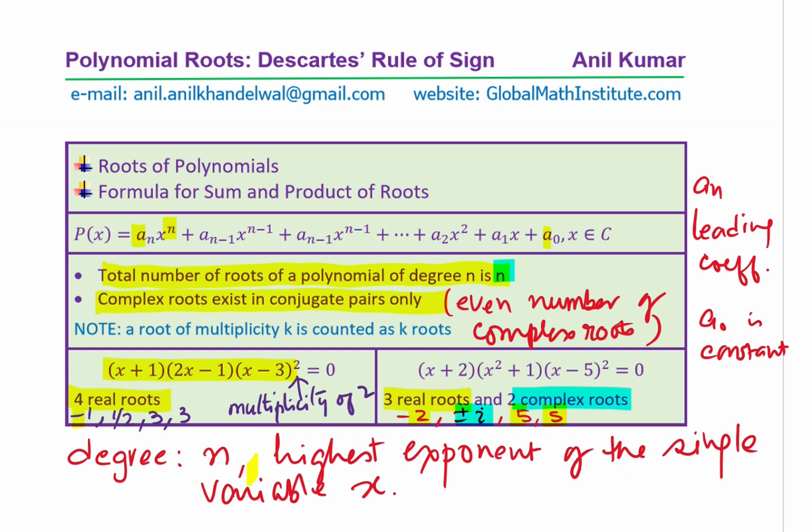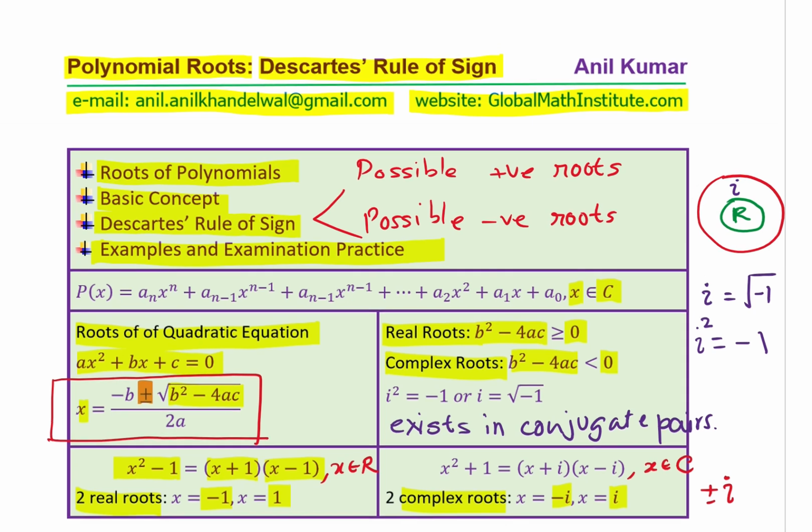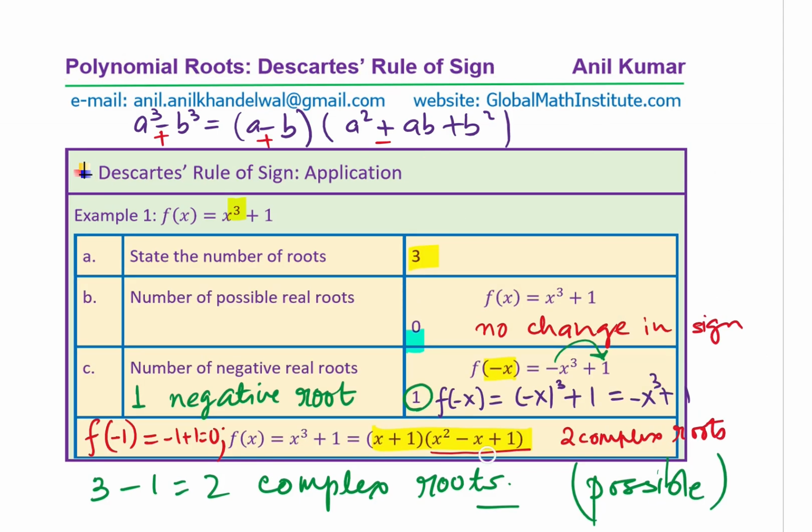Is that clear to you? So when you have the quadratic equation, apply this formula and calculate the complex roots. Is that clear to you? Perfect. So that is how you'll get the two complex roots of the other factor. One real root is very clear, x equals to minus 1.